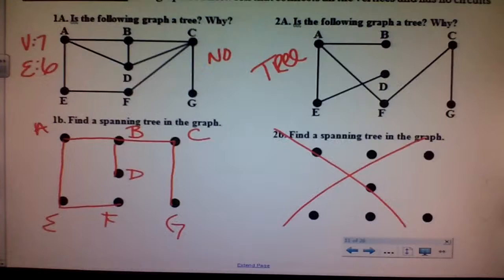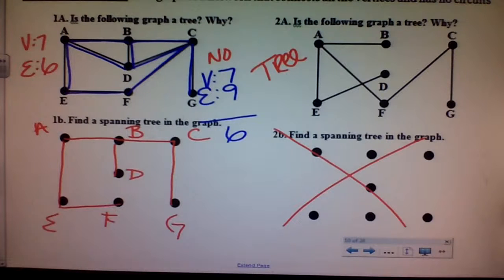Okay, so let's go back to this. So in my original graph, we have 7 vertices. Okay, and I have 1, 2, 3, 4, 5, 6, 7, 8, 9 edges. What should my edges equal if this was a tree? 6.